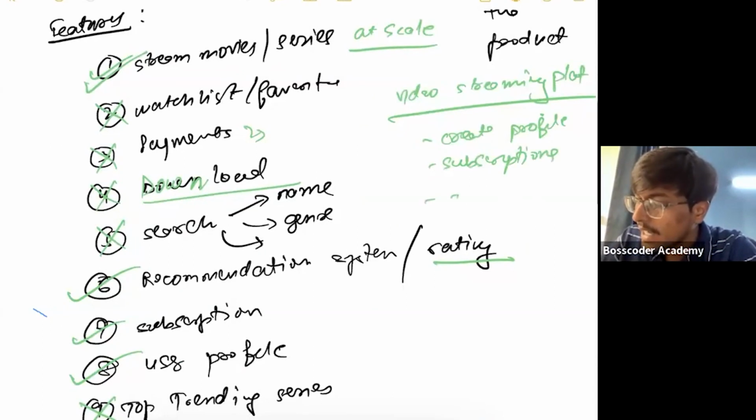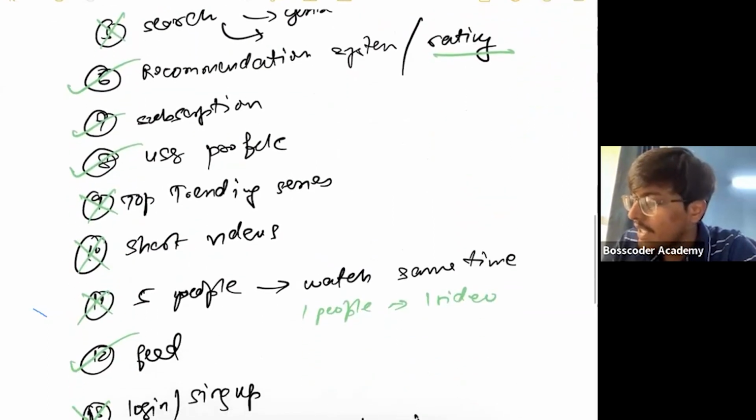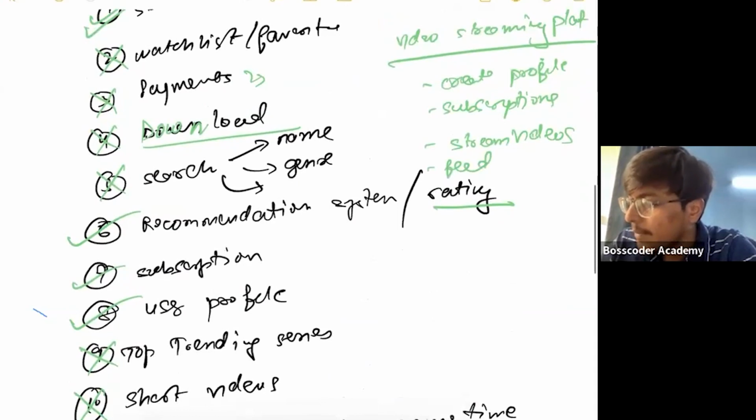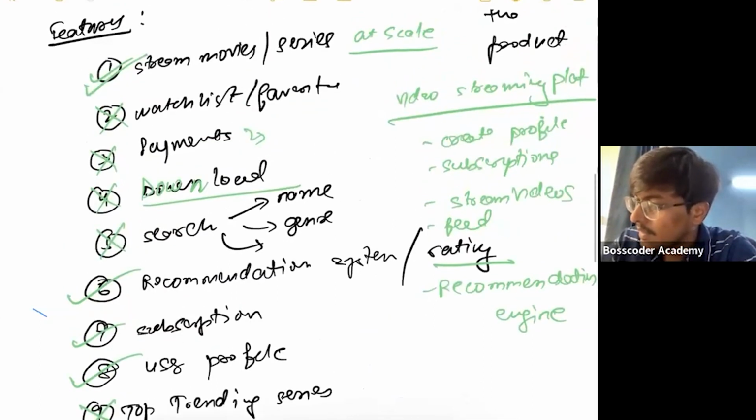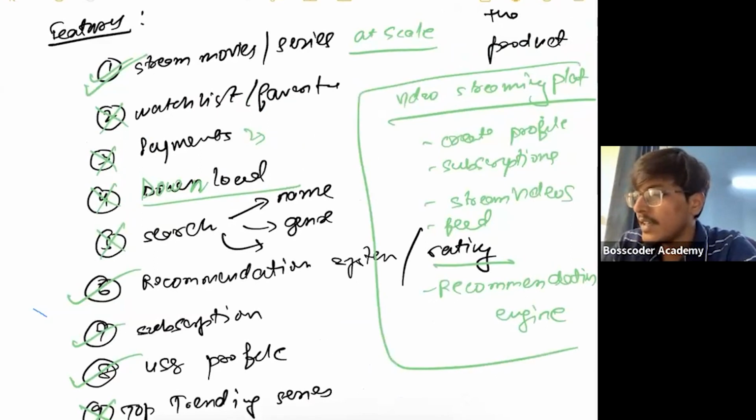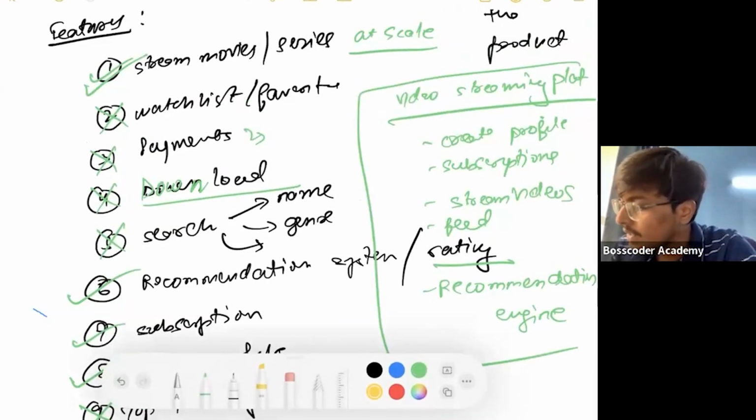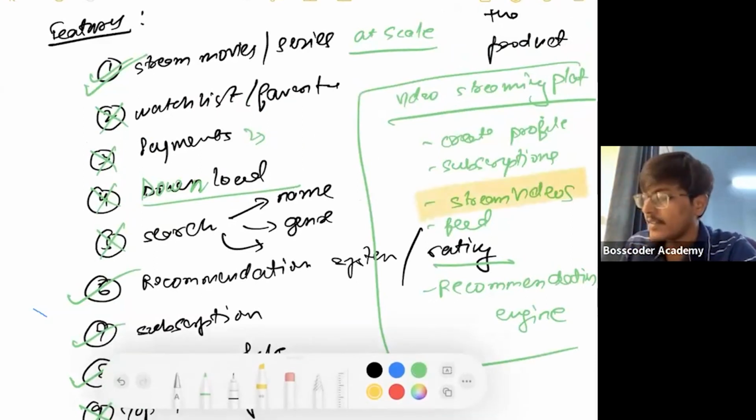They can stream videos, right? And there is a recommendation engine and a feed. Does this make sense? The major piece we will talk about is this streaming of videos at scale.